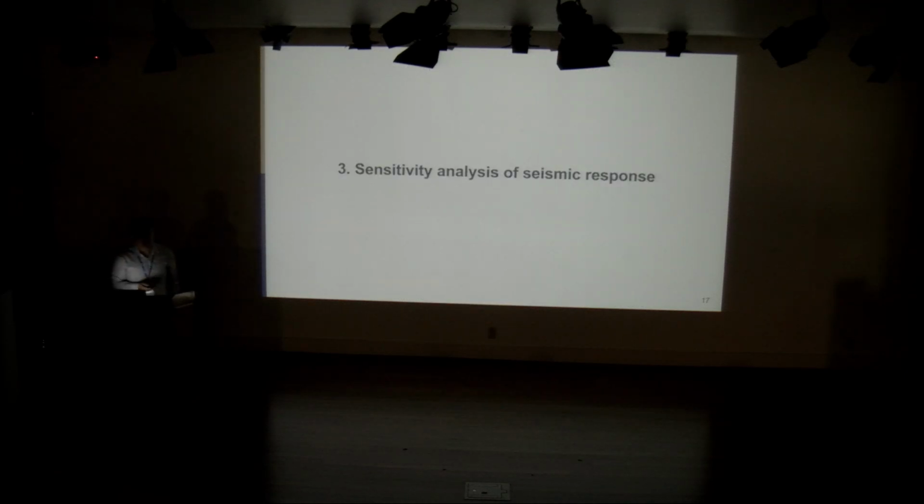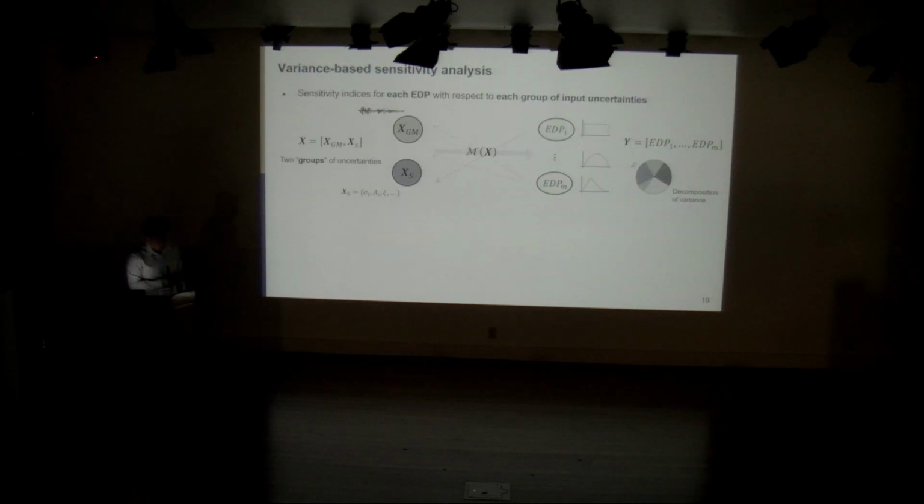Next, we perform the sensitivity analysis of the seismic response using the stochastic simulator. Variance-based sensitivity analysis, or global sensitivity analysis, is widely used to quantify the relative contribution of input variables to the output variance. We computed the sensitivity indices of each EDP with respect to each group of input uncertainty, the ground motion uncertainty and the structural parameter uncertainty.